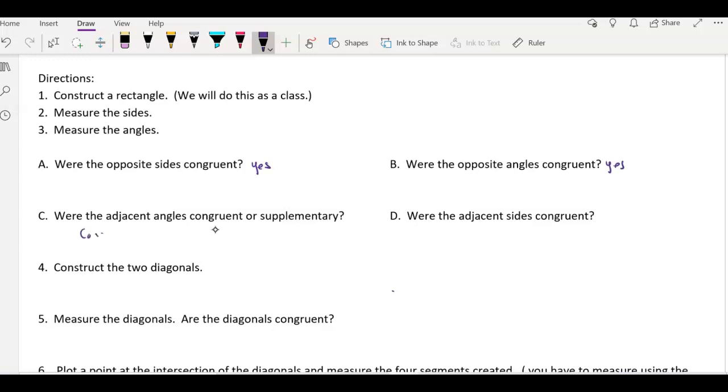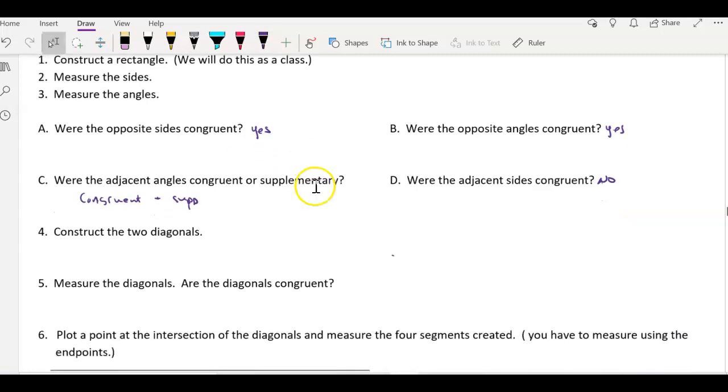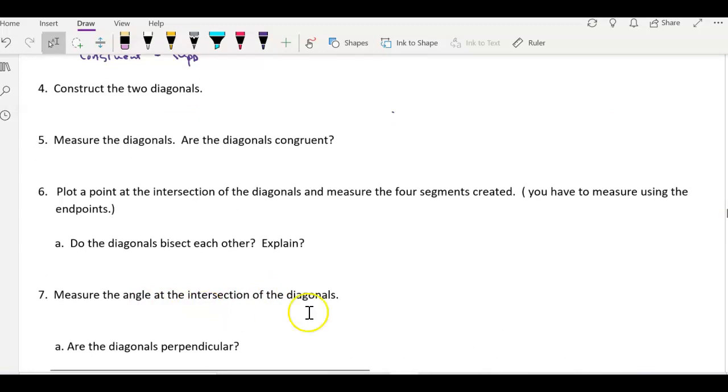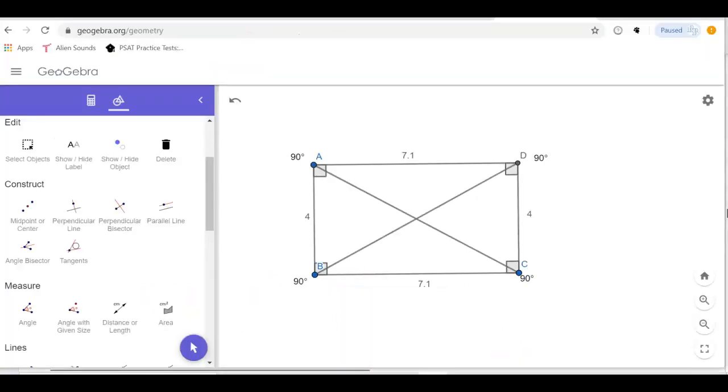Actually, congruent. They were both congruent and supplementary. And were the adjacent sides congruent? No. So we constructed the two diagonals, and we're going to determine, one, are they congruent? Two, do they bisect each other? And then measure the angle at the intersection.